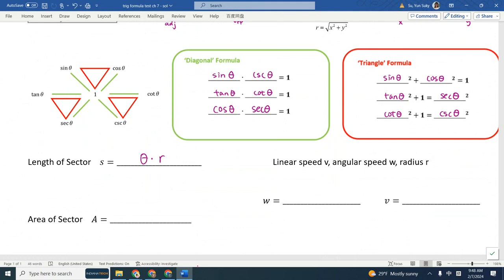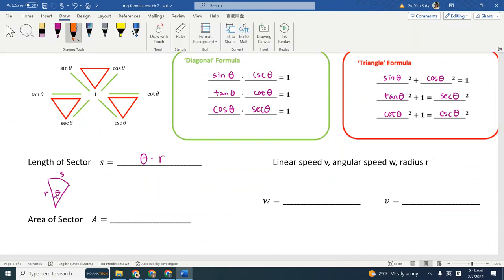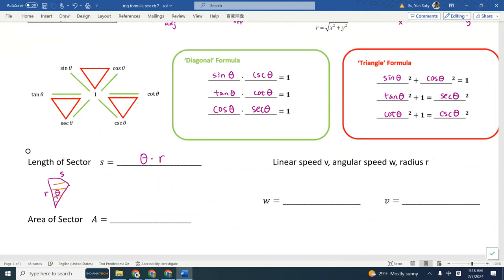Area of the sector. We have a sector like this, and let's say this is theta, this is r, and s is the length of the sector. Now this is the area. What's the area? Anyone remember? 1/2 theta times r squared. If you don't remember, write it down.